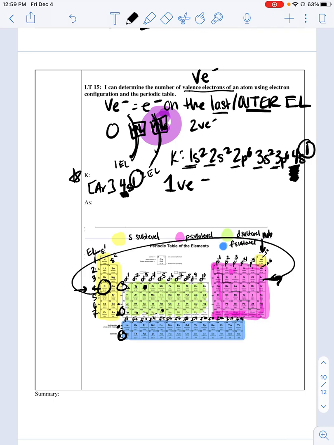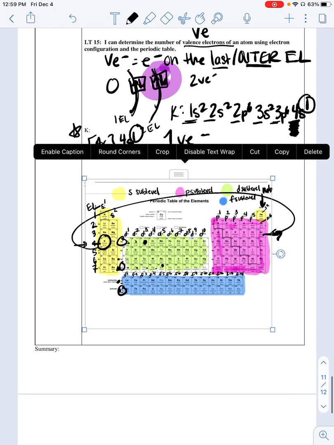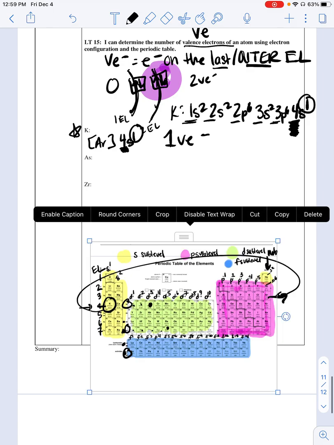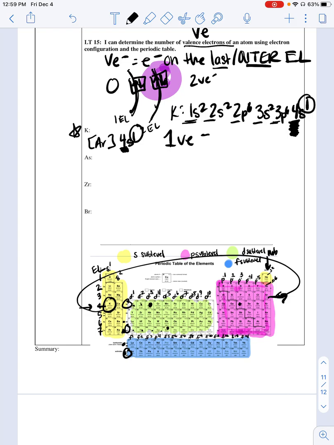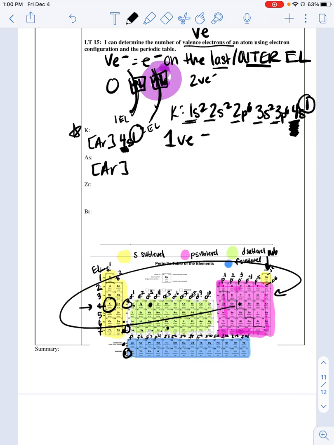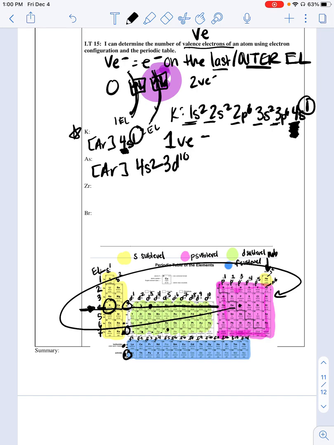Okay, let's do arsenic, which is As, which is right here. Let me erase this. The last noble gas before arsenic was also argon. And then coming next would be 4s2, 3d10, and then 4p3.